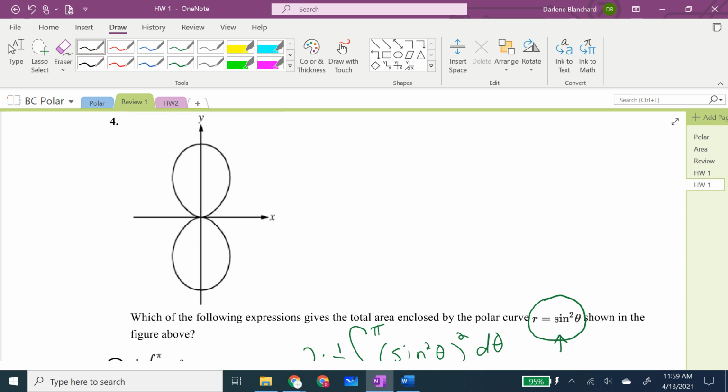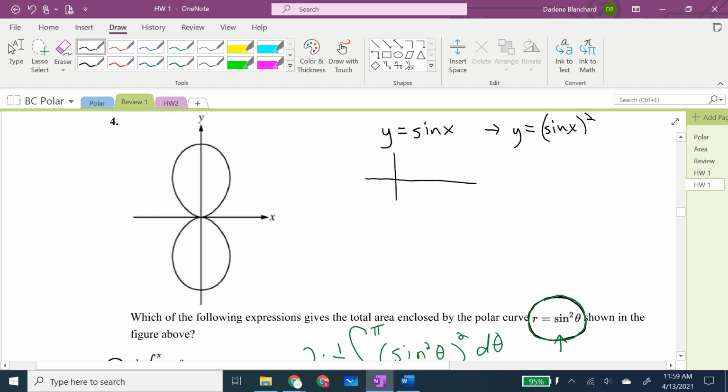So by strengthening your polar skills, what I do is I look at what's here and I just temporarily think, what if I had, I'm going to start with y equals sine x. And then I'm going to think, what does it mean if I square all those y values? So I'm starting with what I know coming in about sine.